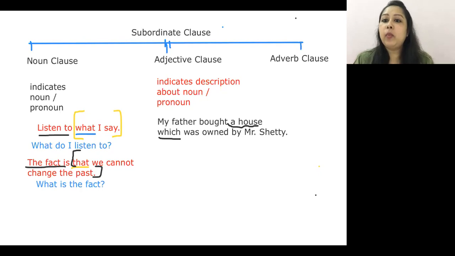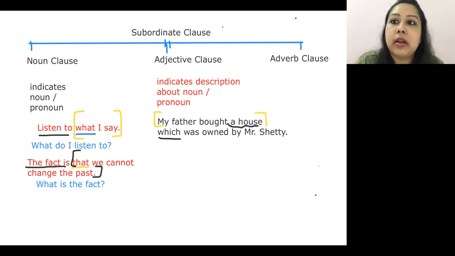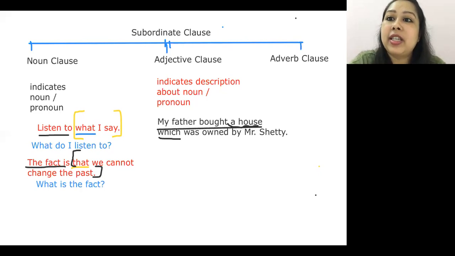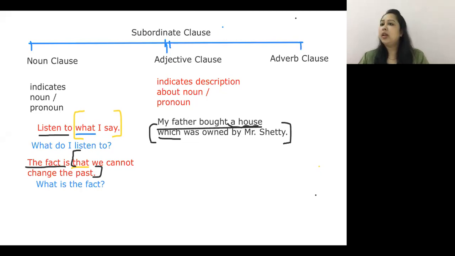So my father bought a house becomes your main clause. This is my main clause. Main clause I have underlined. And what remains is my subordinate adjective clause. This is my subordinate adjective clause. I hope this makes sense for everyone. Let's take one more example.